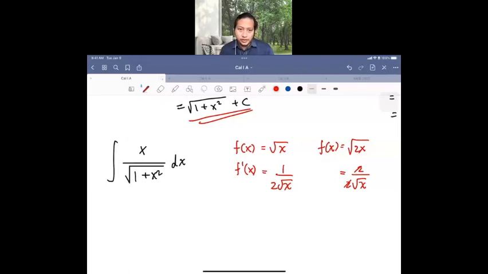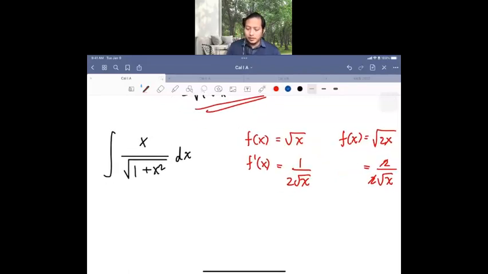Now it's actually giving you an idea that if we have this form where you have the square root, and inside the square root is another function, on the denominator, then perhaps the function you have comes from the square root.